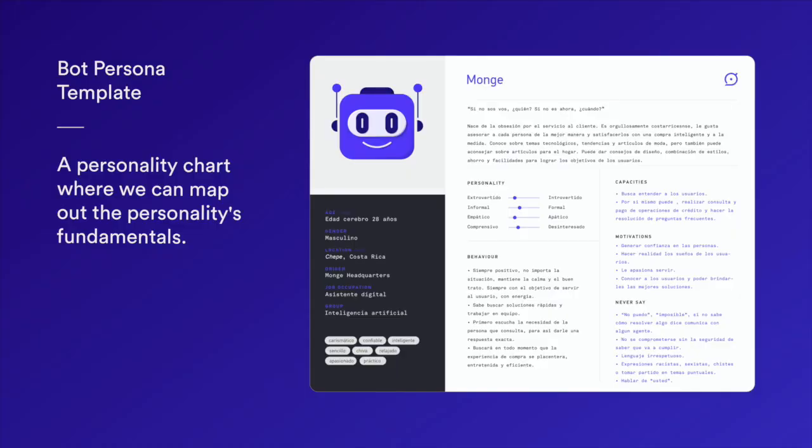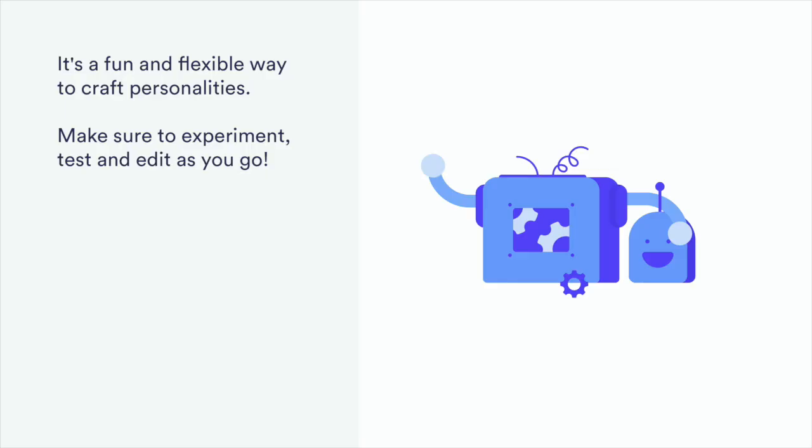We like to use the following one. It's some type of personality chart where we can map out the personality's fundamentals. Take a look. It's actually a fun and flexible way to craft personalities. Make sure to experiment, test, and edit as you go.